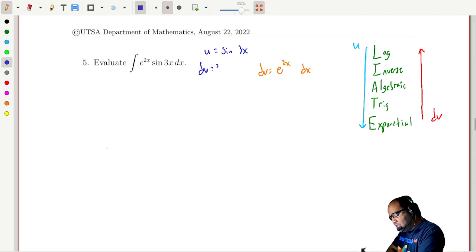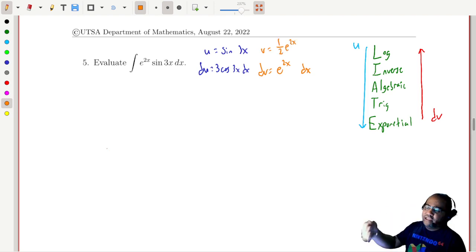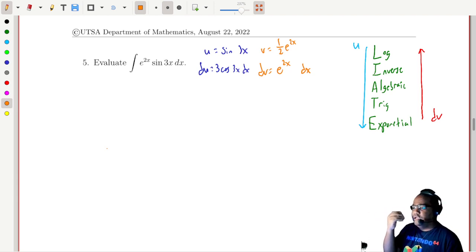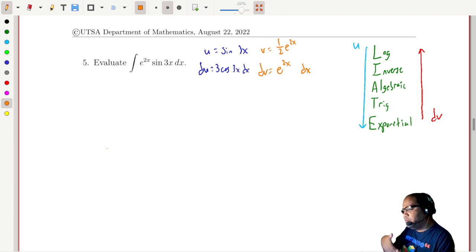Derivative of sine 3x, that's 3 cosine of 3x dx. And then our v is 1/2 e to the 2x. When we integrate an exponential where the exponent is a linear function, we divide by the slope. Do u sub, you'll see it. Follow our path.